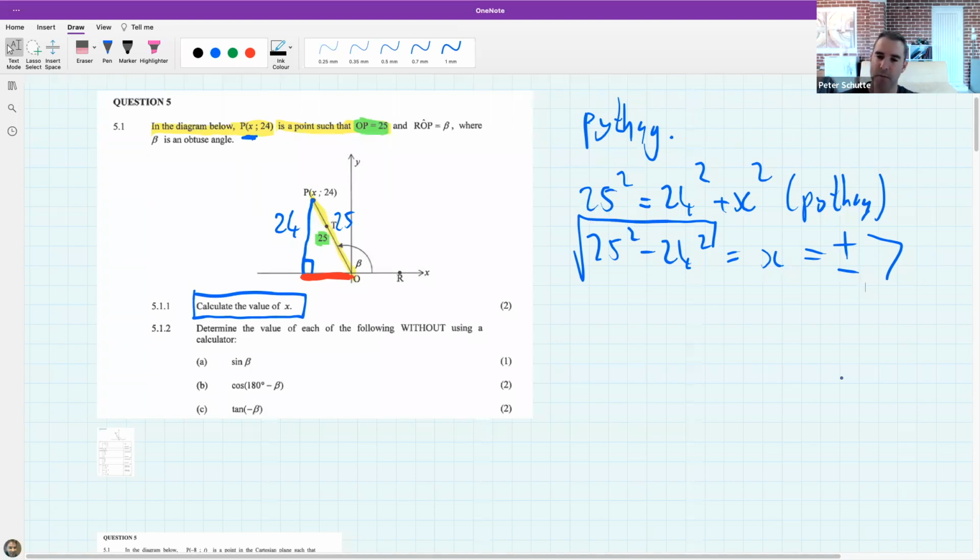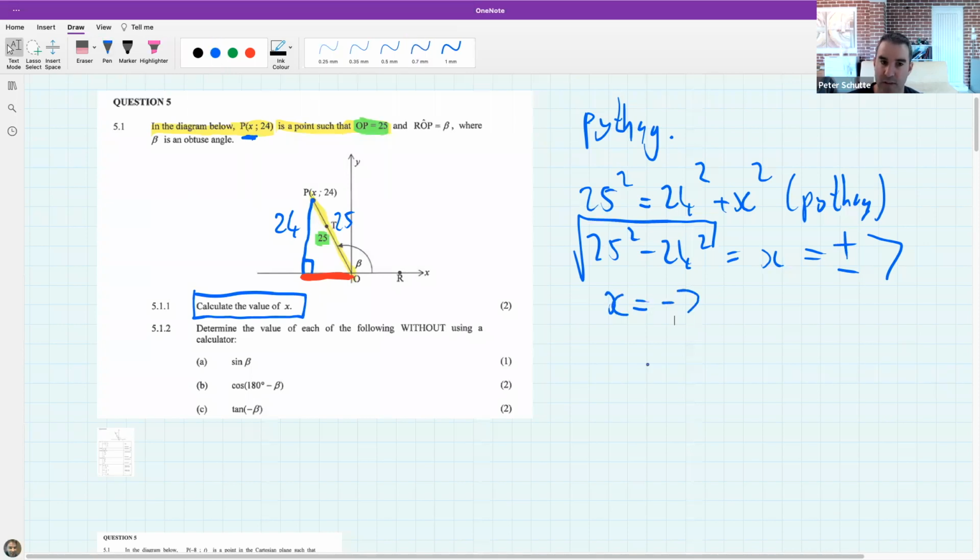This is something to remember. Like if you square root 9, you get answers plus and minus 3, and the same thing happens here. You have 2 possible answers, but the only guidance you have is that the drawing tells you that in that quadrant, x is going to be negative. So in fact, x is going to be minus 7 here.